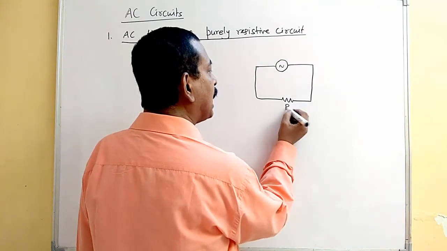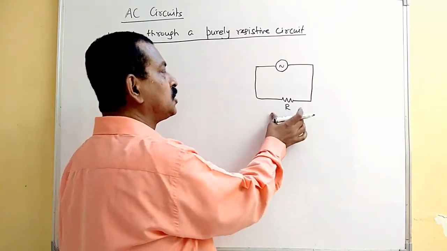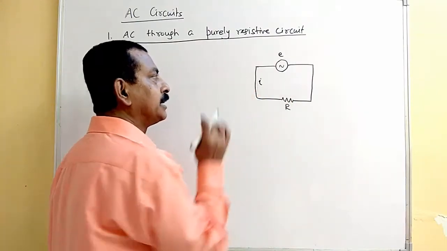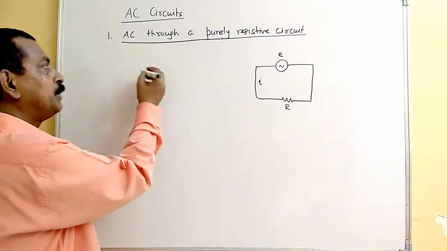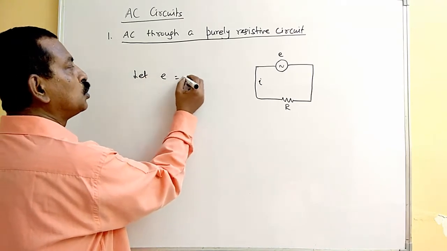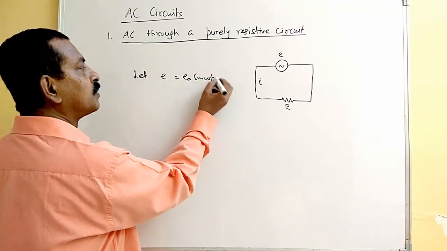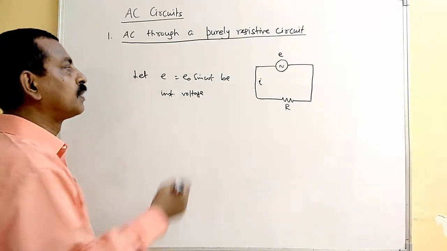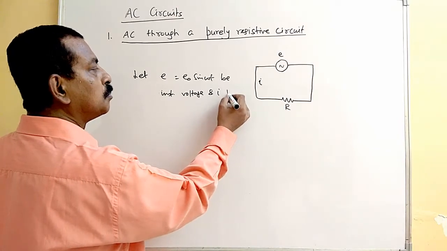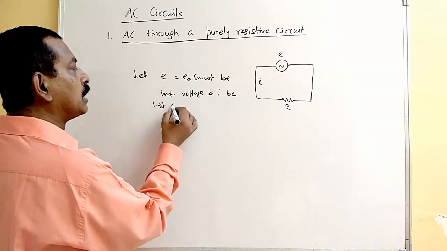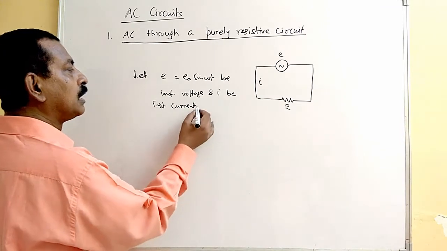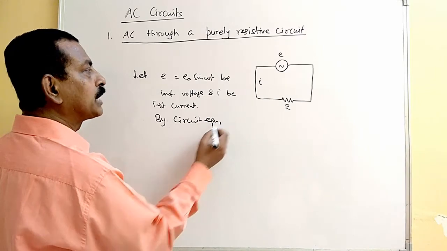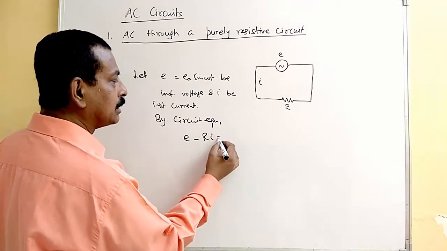So suppose R is the resistance of this external resistance, E is the instantaneous voltage, and I is the instantaneous current. Let E equals E naught sine omega t be the instantaneous voltage and I be the instantaneous current. Then by the circuit equation we can write E minus Ri equals 0.